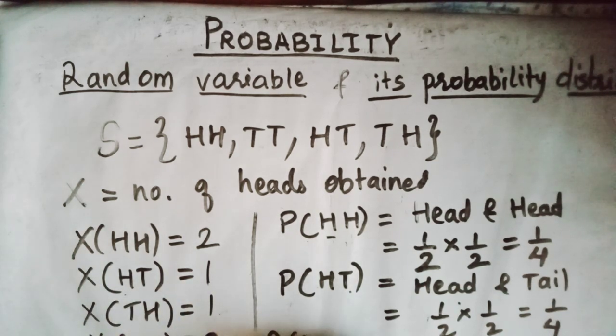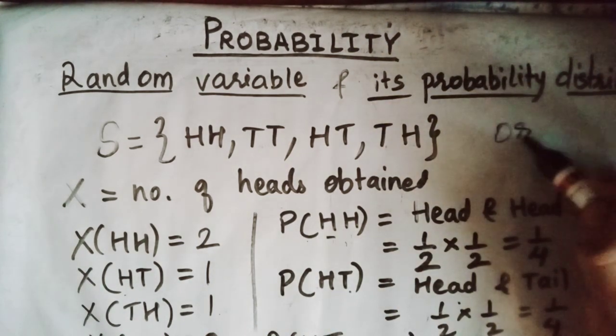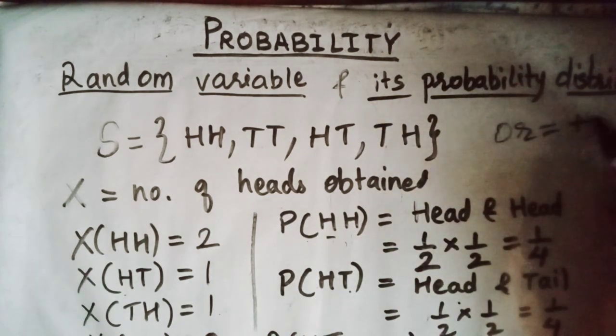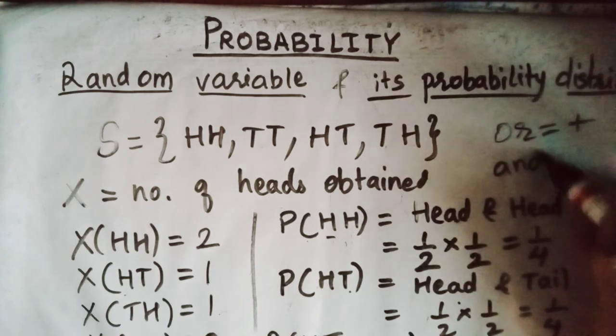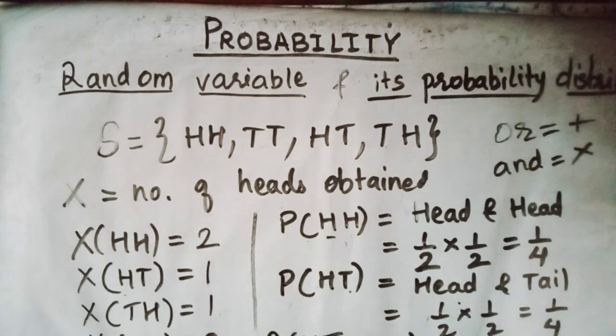So I'm going to write HT or TH. Whenever OR is there you have to add, and whenever AND is there you have to multiply. So here HT is 1 by 4, and OR means plus, and this is also 1 by 4. So together it will be 2 by 4, which is again half.